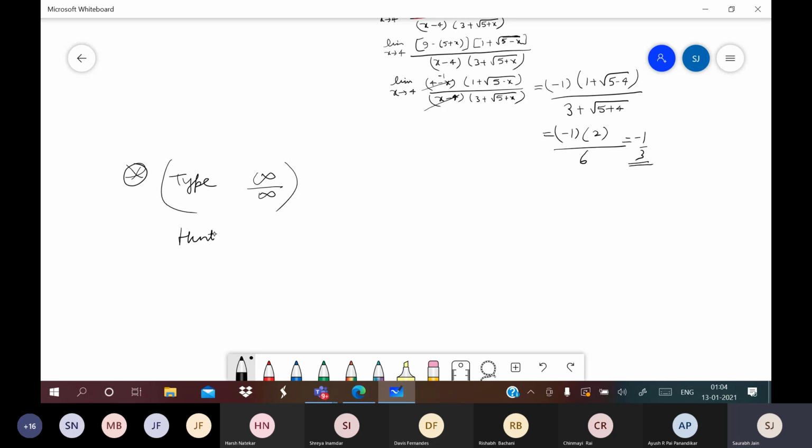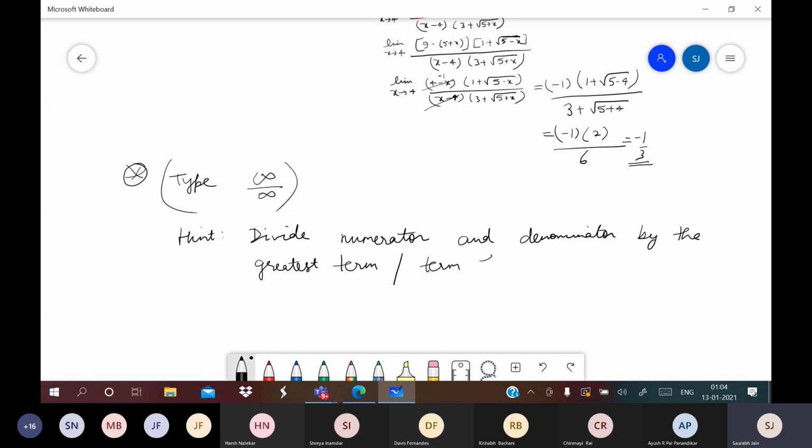So for this we have a hint: divide numerator and denominator by the highest term, by the greatest term, or the term having highest power.